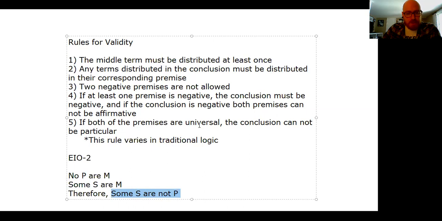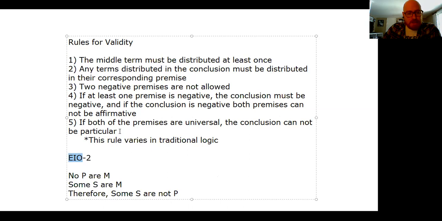And if both the premises are universal, the conclusion cannot be particular. Well, I've got a particular conclusion, and I've got a particular premise and a universal premise. So I've got a universal premise, particular conclusion. This follows rule 5, all right? So in EIO2, this would be a valid syllogism.